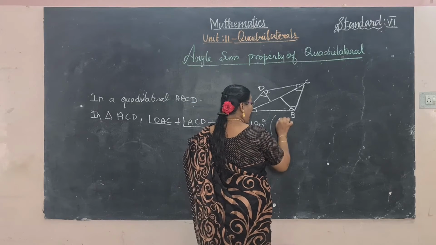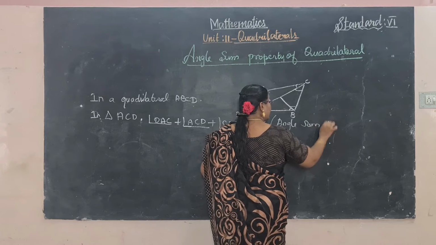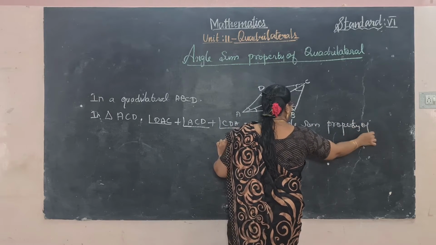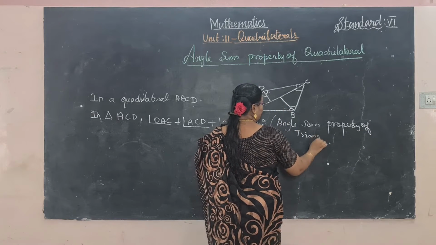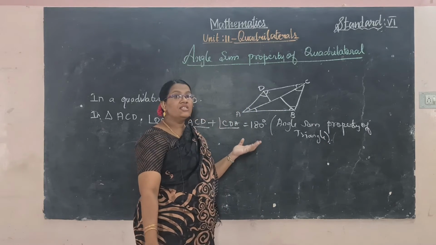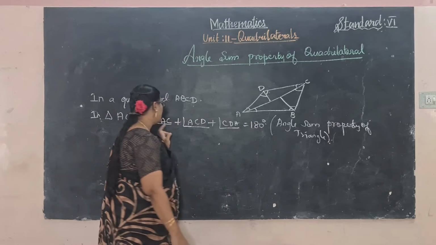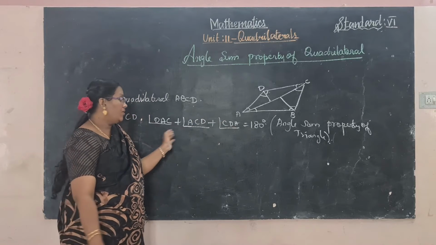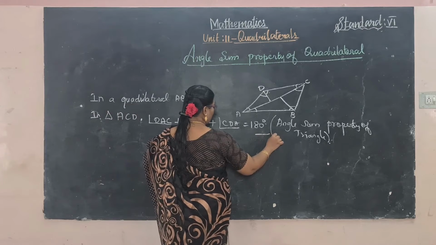Here using the angle sum property of triangle. Angle sum property of triangle means sum of three angles is 180 degree. So here the sum of three angles DAC, ACD and angle CDA is 180 degree. So we have denoted this equation as 1.